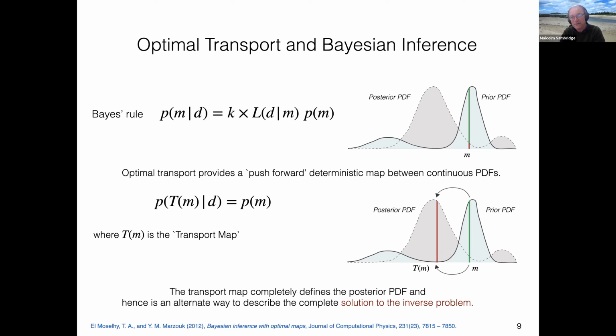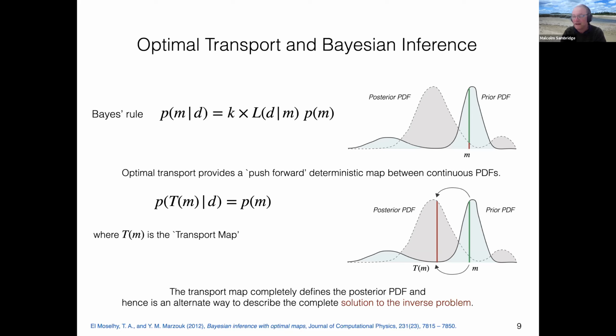Essentially, it's not quite at the same amplitude because it's the same volume in an incremental element. So the posterior is completely defined by the transport map, and therefore completely embodies the solution of an inverse problem in a Bayesian sense.